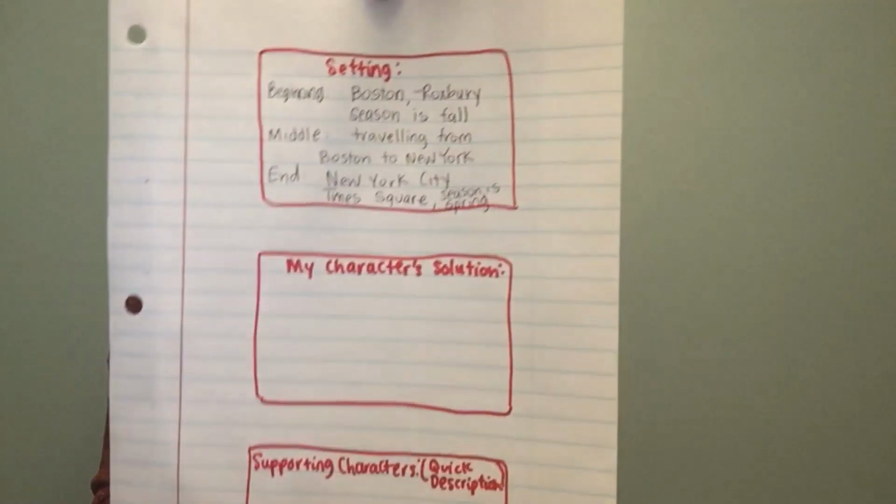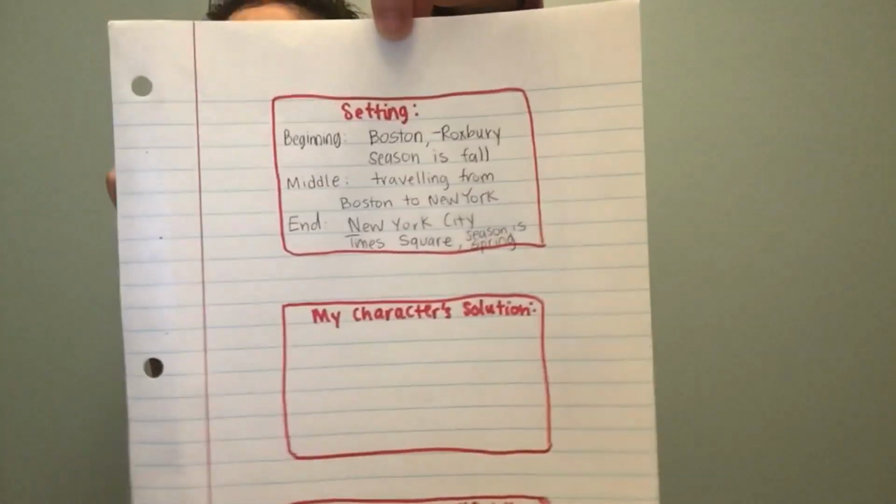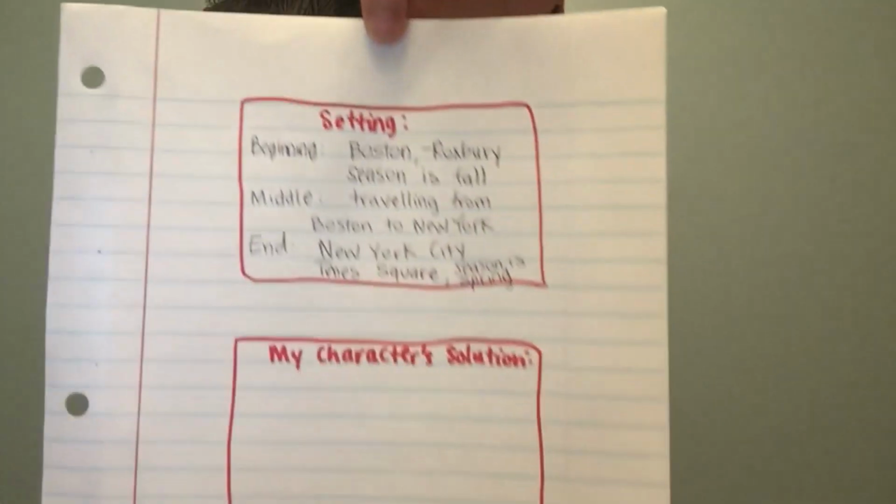Times Square. Season is spring. Okay, so I'm giving you the season, which is around when it's happening. I know like the months in those seasons and the places at each point in the story. Now again, we're going to stretch this out tomorrow, but take the time to write your setting out now.